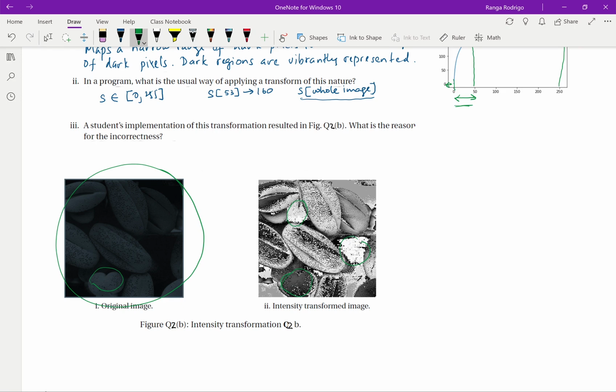So you can see there's a discontinuation of intensities. In a natural image like this, discontinuation of intensities do not happen. So here the reason must be overflowing.